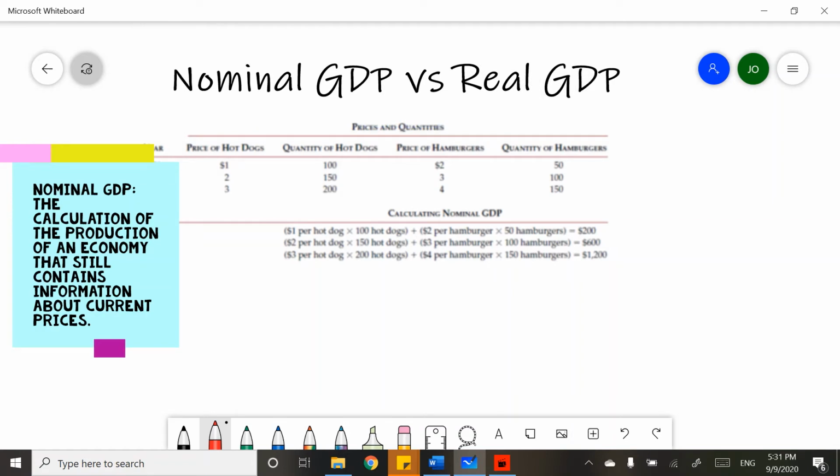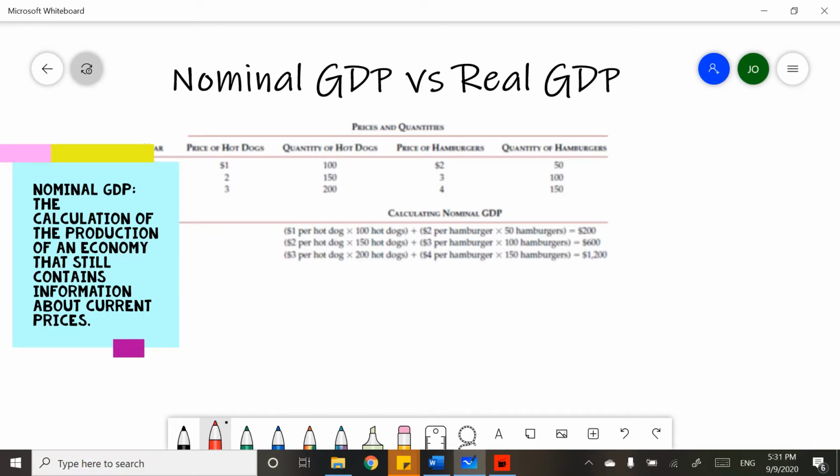So, by multiplying the units, which is the quantity, times the price of each of the products, and then adding them, we should be able to get the nominal GDP for each year. These are the calculations that we see right here in the bottom of this chart.